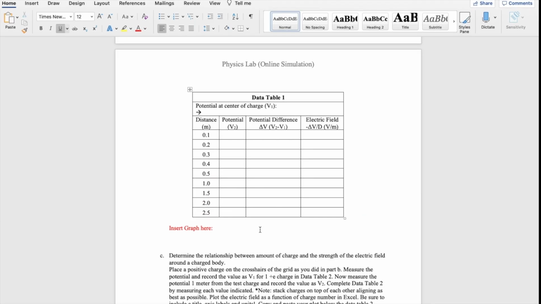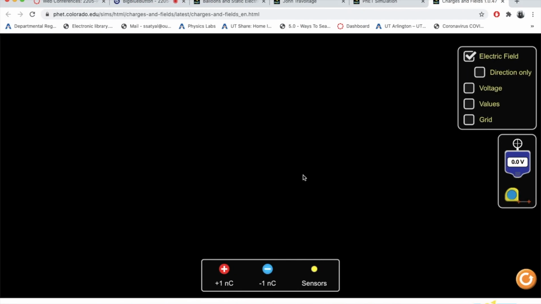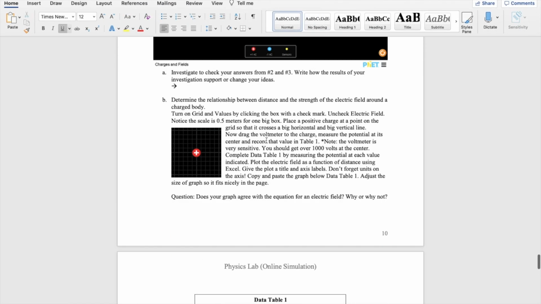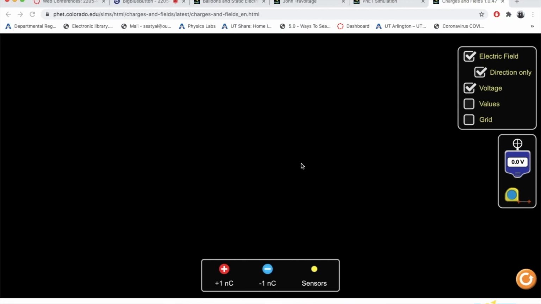So to find the electric potential, here you can choose what to include. There should be clear instructions here as to what charge to place where.